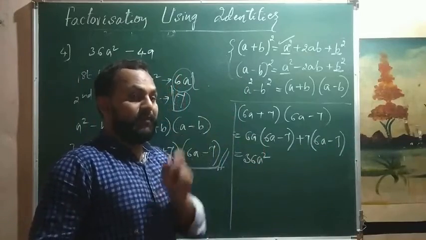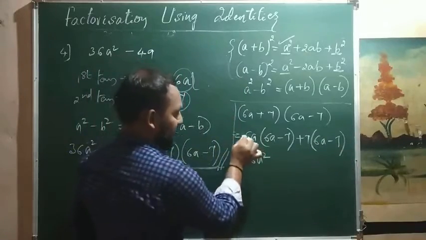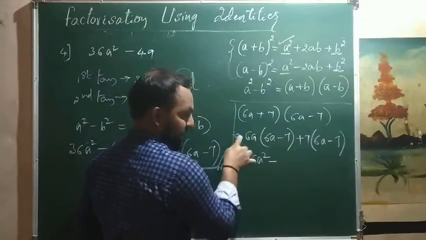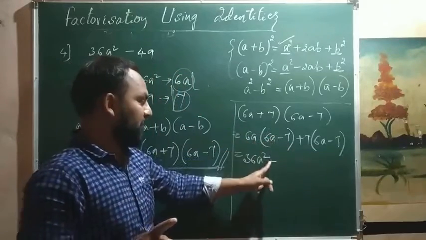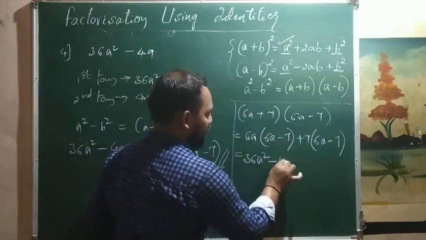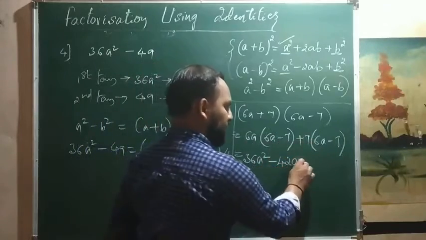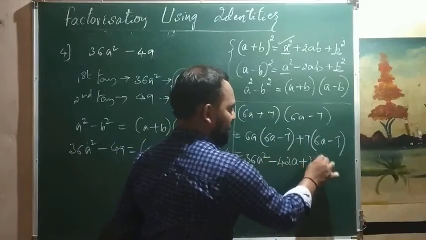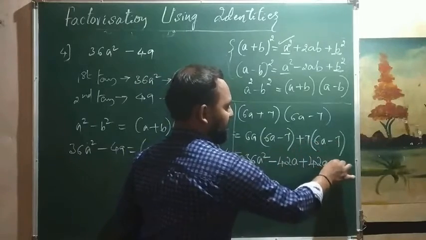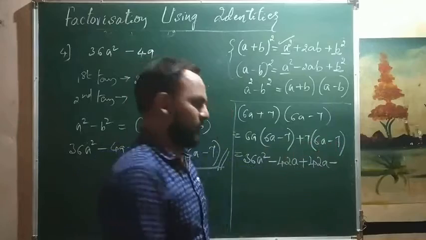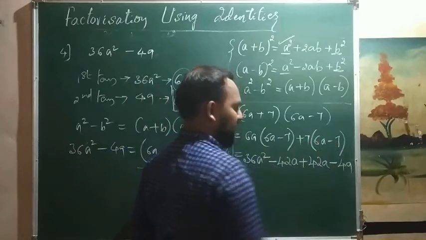The sign is multiplication. Then plus into minus, minus. Sign is important, plus into minus, minus. 6 sevens are 42, a. Next, plus into plus, plus. 7 6s are 42, a. Plus into minus, minus, 7 sevens are 49.